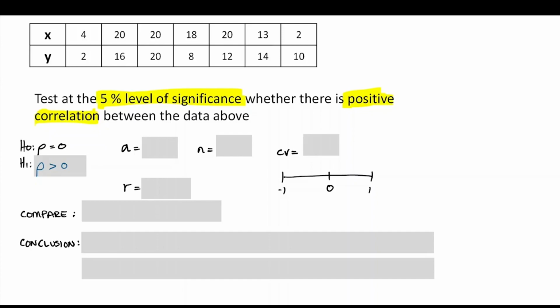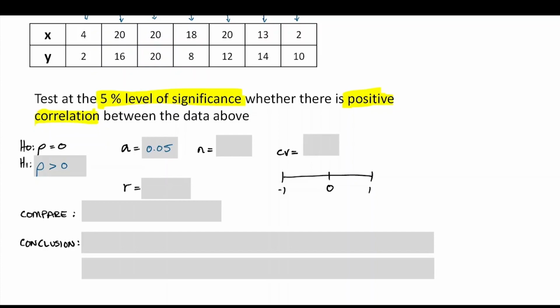The next things that we should be writing down are the significance level, and the notation for significance level is alpha. So alpha equals 0.05. We also need a value for n. Each of these columns is a set of data. We may well be taking people's biology score and their chemistry score. So for each person, they've given us 2 pieces of data.